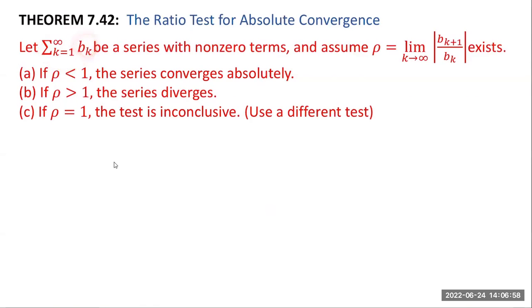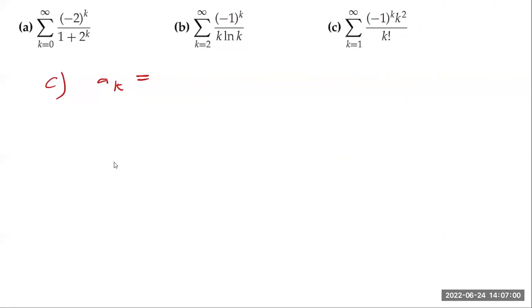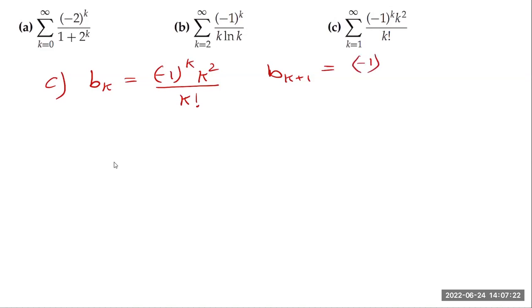So my b_k in this case is going to be (minus 1) to the power k times k squared divided by k factorial. b_(k+1) is equal to, you just replace your k by k plus 1, right, to get b_(k+1): (k plus 1) squared divided by (k plus 1) factorial. Now I need to find this quantity, rho.